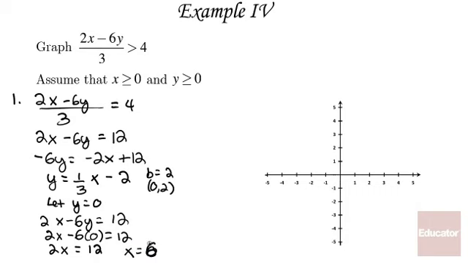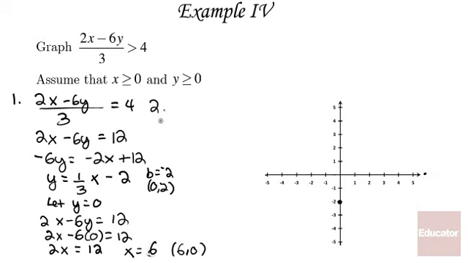Therefore, my x-intercept is at 6, 0. So I have my 2 points: 0, -2 and 6, 0. So that's my y-intercept and my x-intercept.